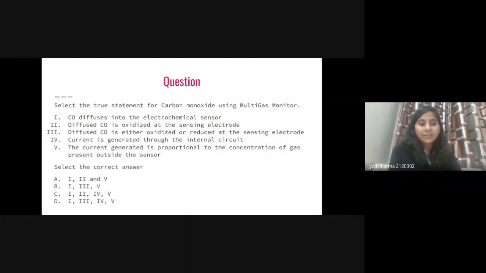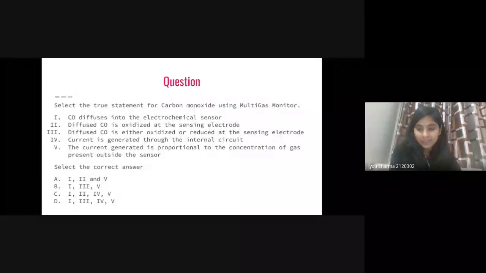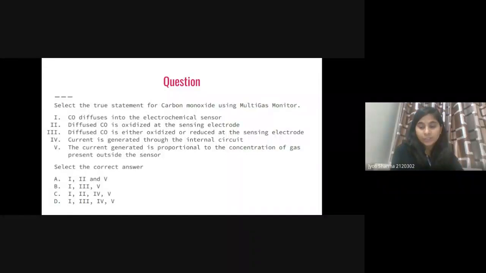Okay, so select the true statement for carbon monoxide. We can measure carbon monoxide using the multi-gas monitor. So you have to tell me what are the true statements. I have five statements. The first is CO diffuses in the electrochemical sensor. Diffused CO is oxidized at the sensing electrode.